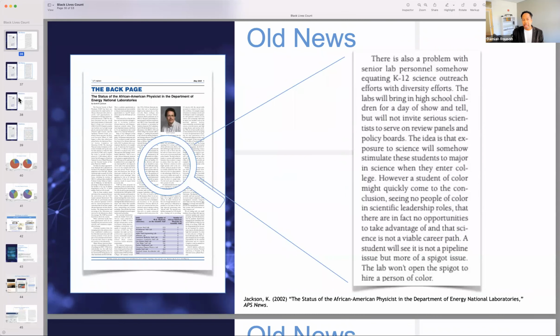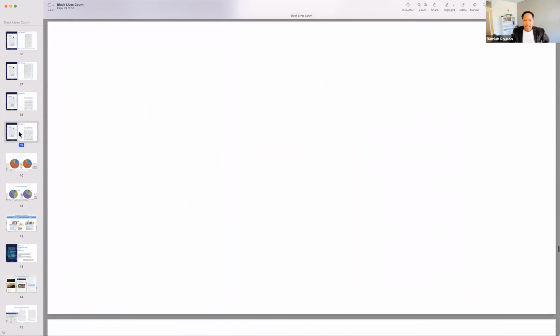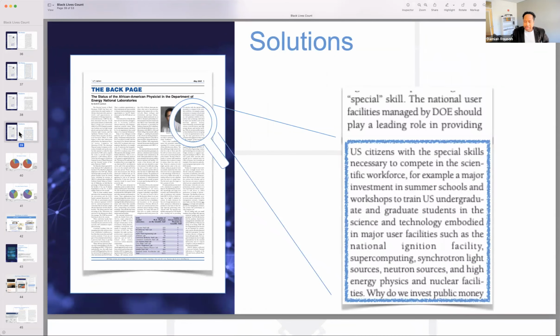Because at the end of the day, even if we expand the pipeline, if we're not hiring the people, it doesn't matter. And also the K through 12 population puts a long timeline on when we can solve it. So when we talk about diversity, I'm not saying we shouldn't engage in K through 12 efforts. Absolutely we should, no question.